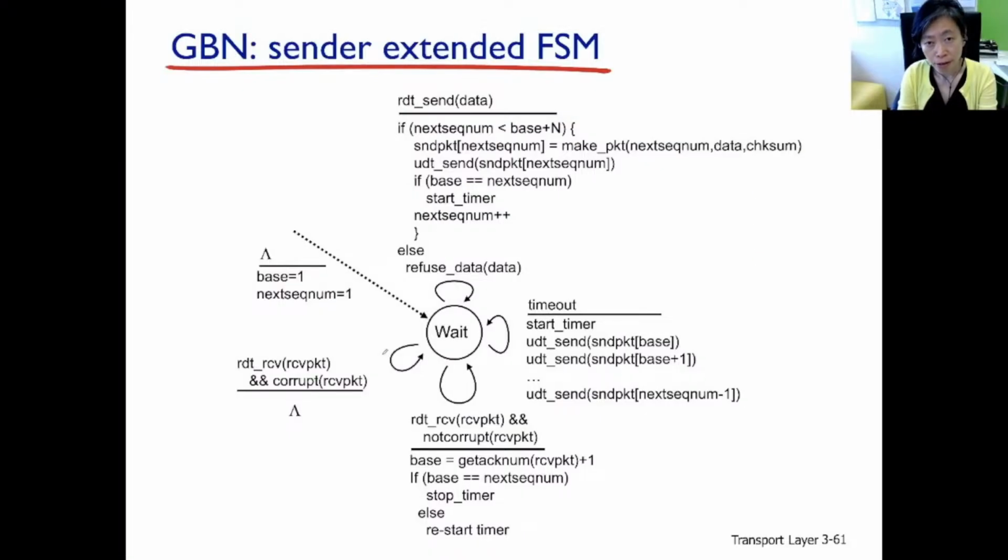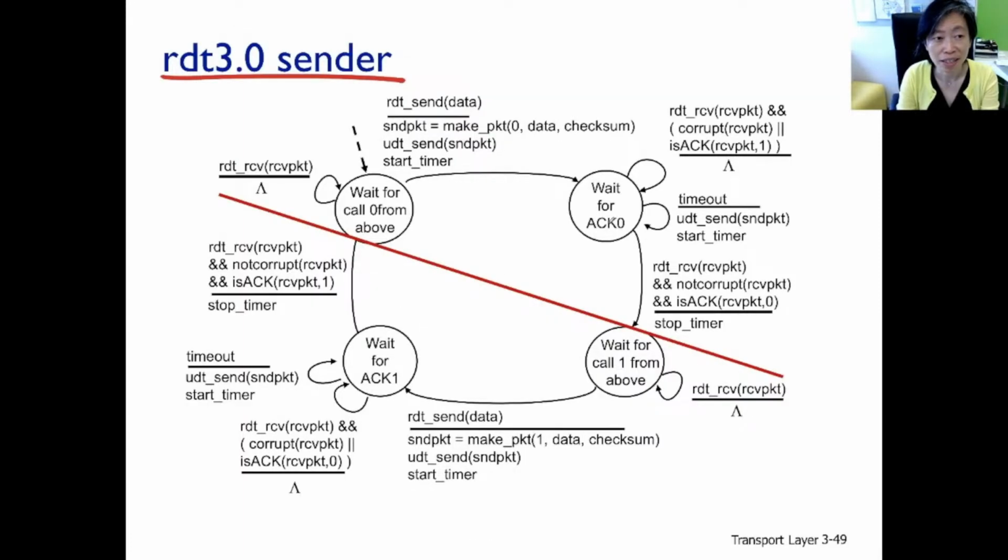Go backend sender's finite state machine. Before we start talking about this, let me review RDT 3.0 sender's finite state machine. And here it is, the RDT 3.0 sender. We're starting here, and there are 4 typical transitions: 1, 2, 3, and 4.